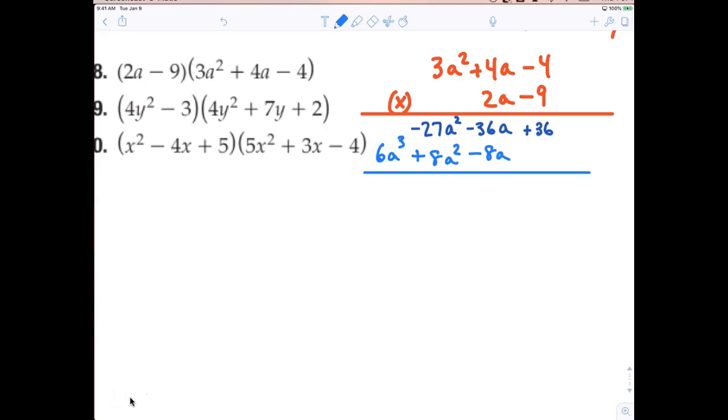Everybody agreeing with that? And now you're just adding straight down. Notice everything is lined up perfectly. So now I end up with 6a cubed minus 19a squared minus 44a plus 36.